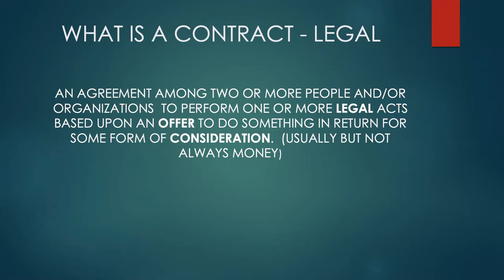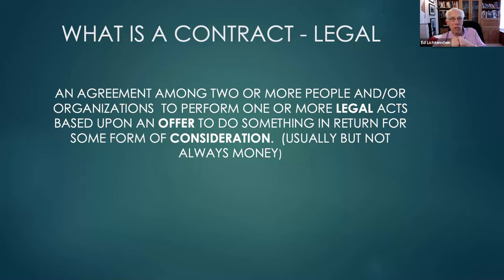Hey, Ed, an interesting question popped up. Does a contract need to be notarized? No. Okay, no, the contract does not need to be notarized. It needs to be signed by someone who's legally competent to make a contract.